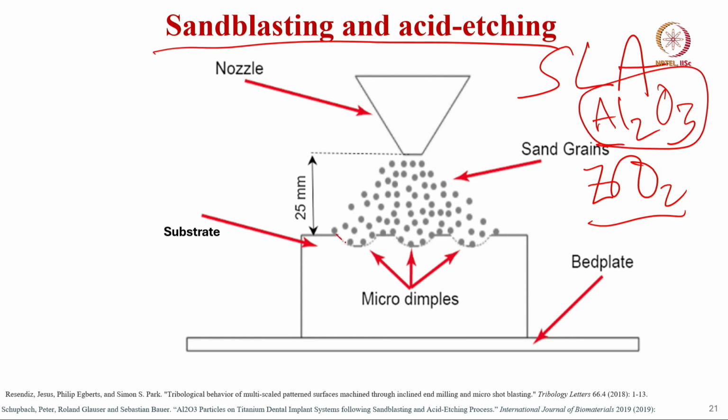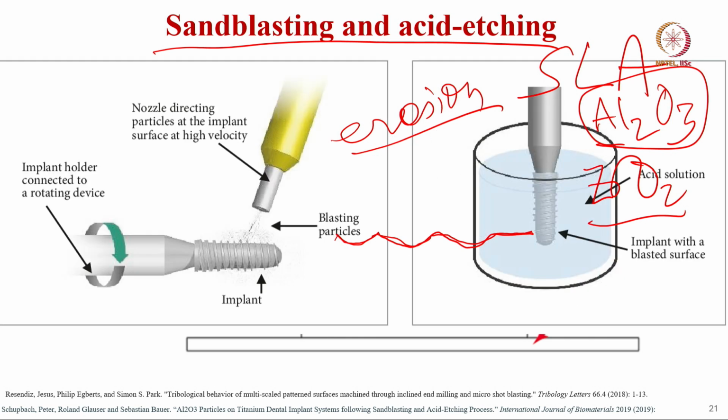What they do is create these micro dimples by impact, right. So, this is a sandblasting machine. It is a kind of impact or erosion, so you can essentially use an erosion tester for the sandblasting. It will erode away the metallic or material surfaces very preferentially at the point of impacts.